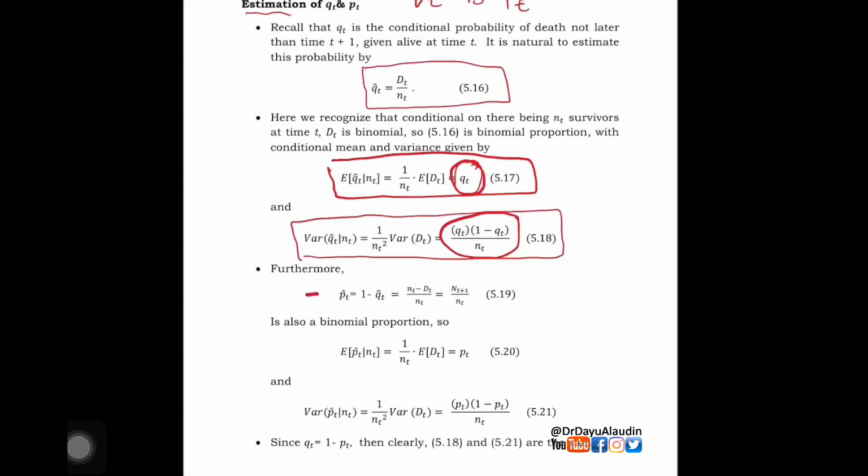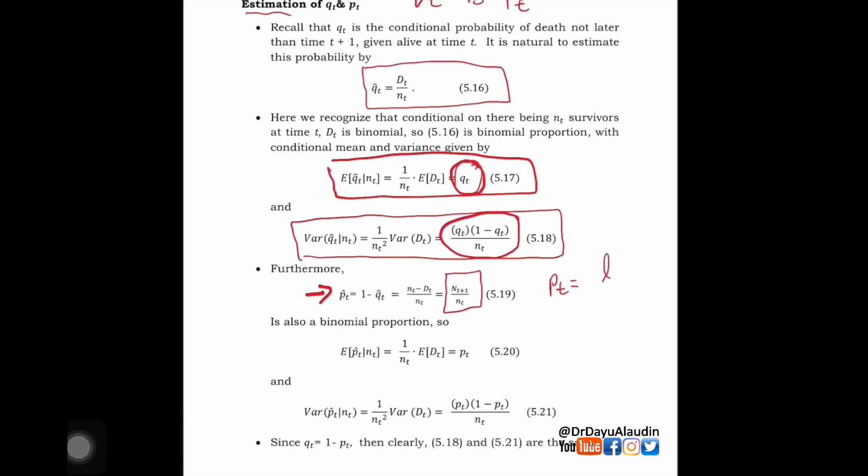Okay. And then you also have to know the probability of survival at t, which is the number of survivors at t+1 over the number of survivors at t. Remember, in the last chapter we learned about the life table.